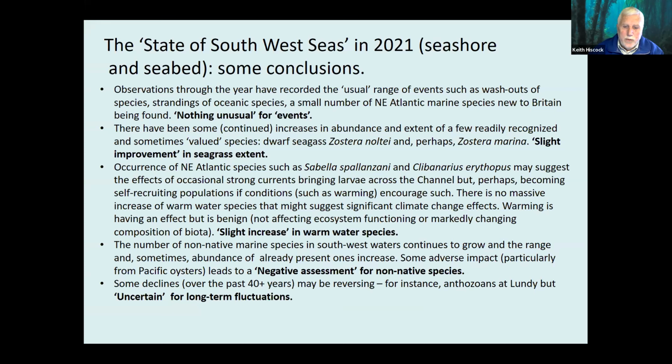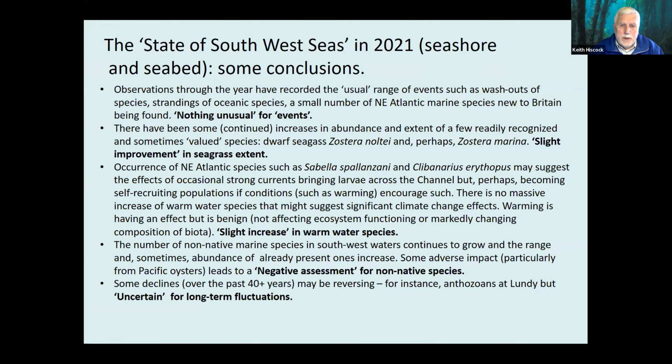So what have we actually discovered? What have we found out? And also emboldened here are perhaps my conclusions, which might be called state of the seas conclusions. We're not there yet. We're deciding how to represent the observations which are being made through the year in terms of assessing the state of our seas.